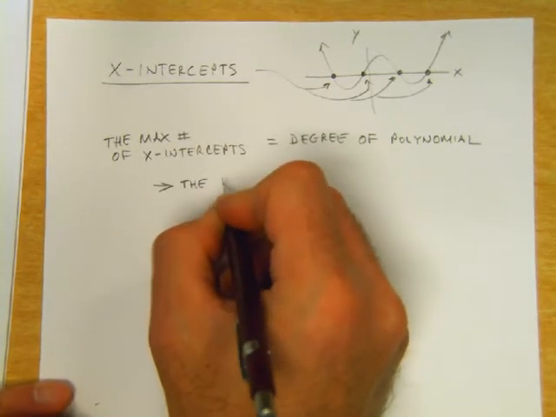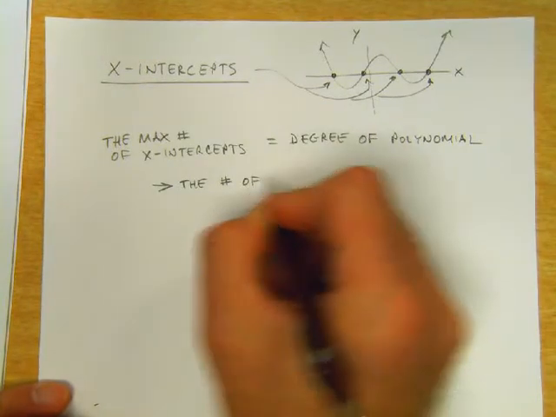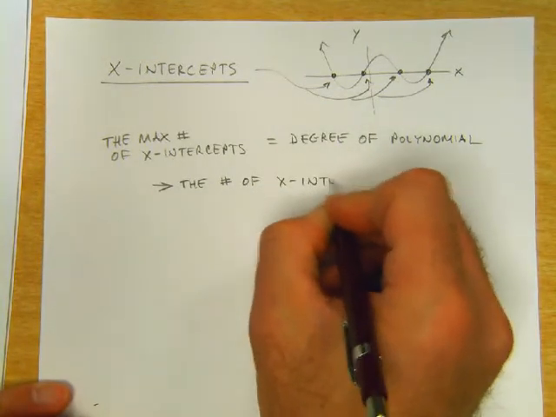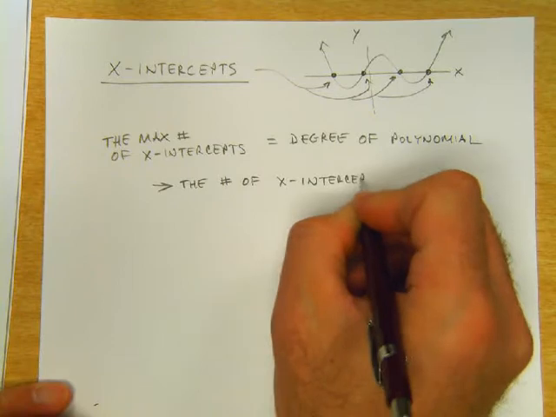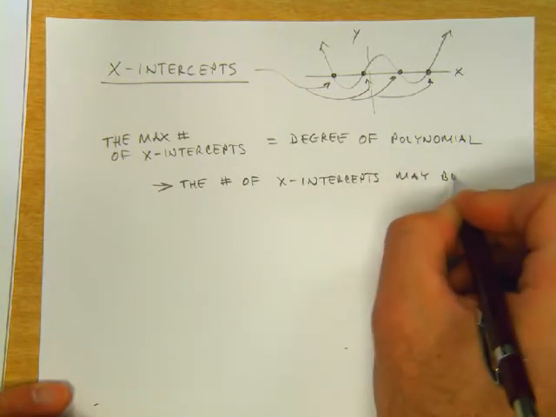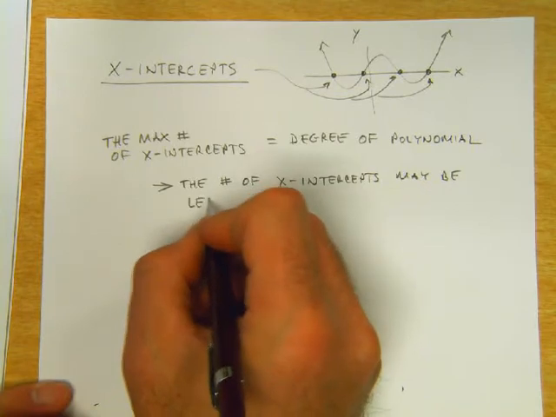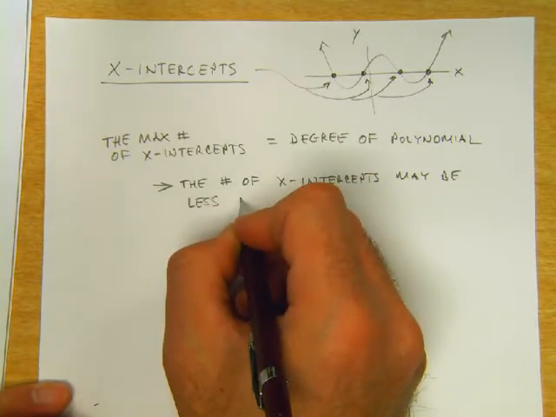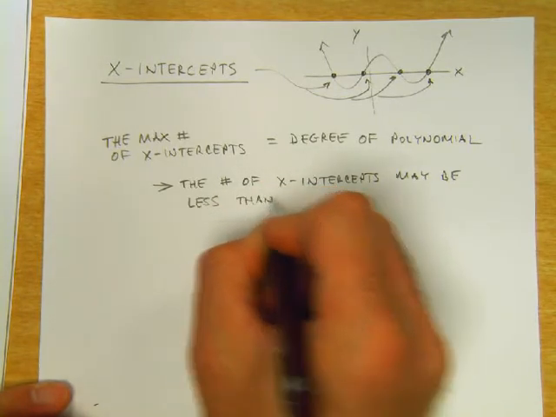The number of x-intercepts may be less than the degree.